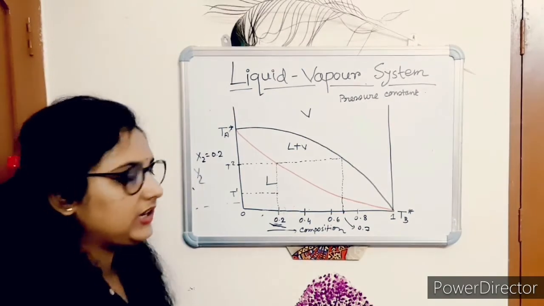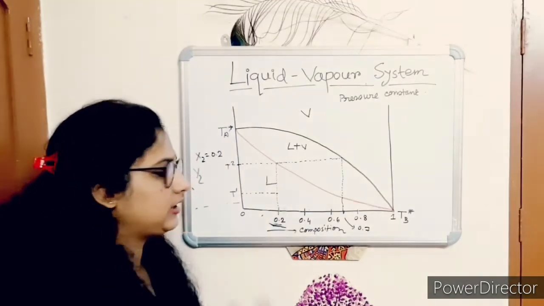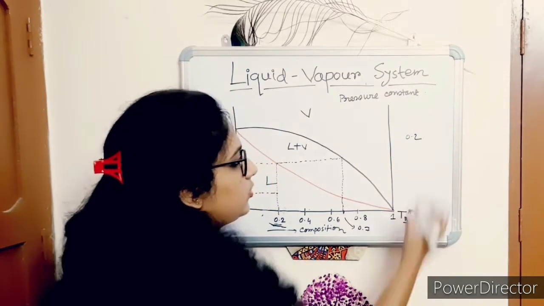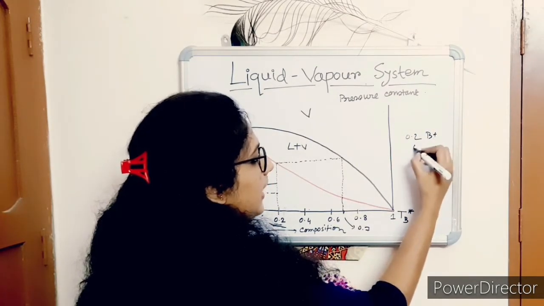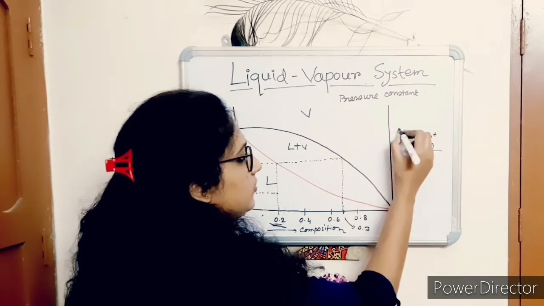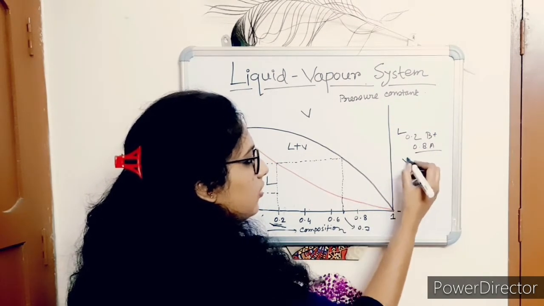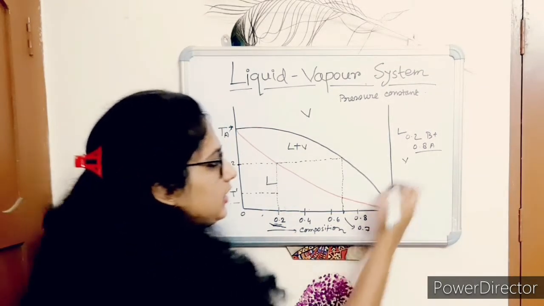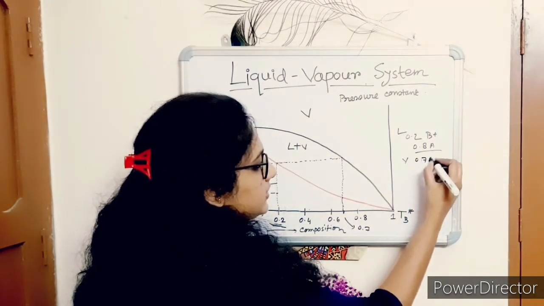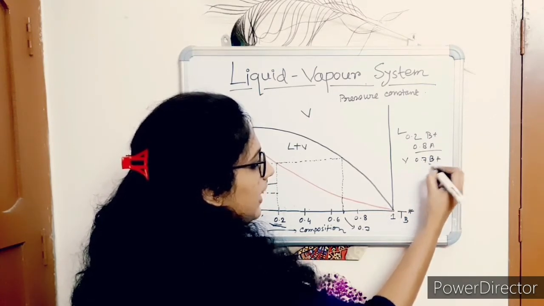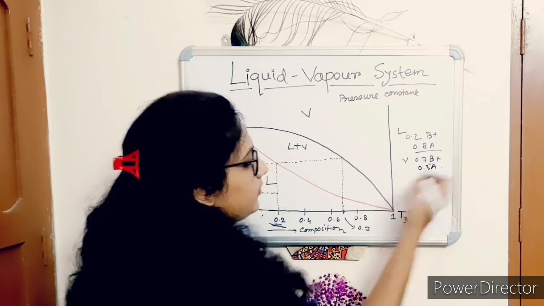So when the liquid mixture has 0.2 mole fraction B and 0.8 mole fraction A in the liquid state, its vapor will contain 0.7 mole fraction of B and 0.3 mole fraction of A.